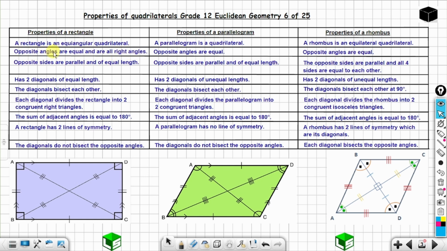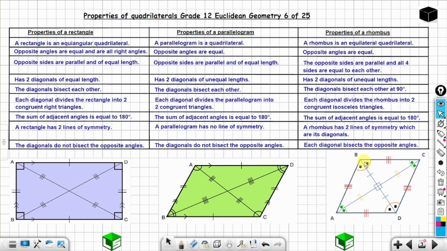They are all 90 degrees, all of them. And for a parallelogram, opposite angles are equal. This angle is equal to this angle. This angle is also equal to this angle. And for a rhombus, opposite angles are equal.